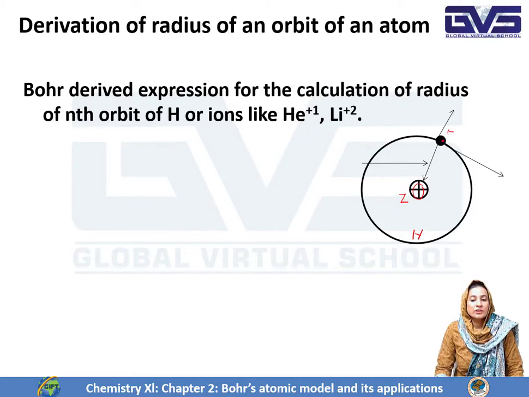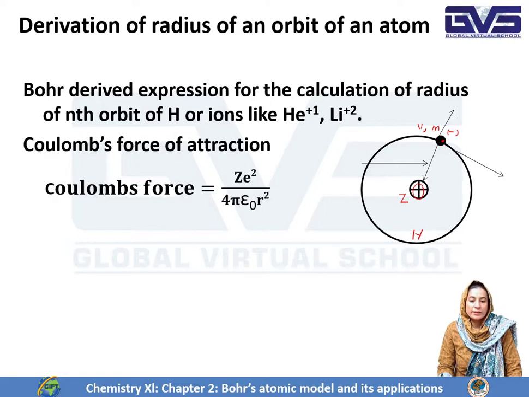The electron has negative charge, it has its own mass, and it is moving with some velocity. So here two forces are acting: the centrifugal force that tends to keep it away, and a force of attraction by the proton towards the electron. So the Coulomb's force of attraction is Ze square over 4 pi epsilon r square, as given by Coulomb.